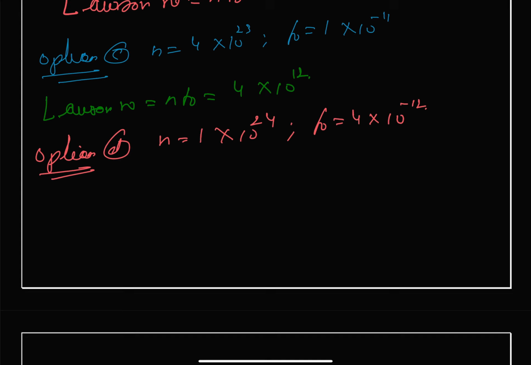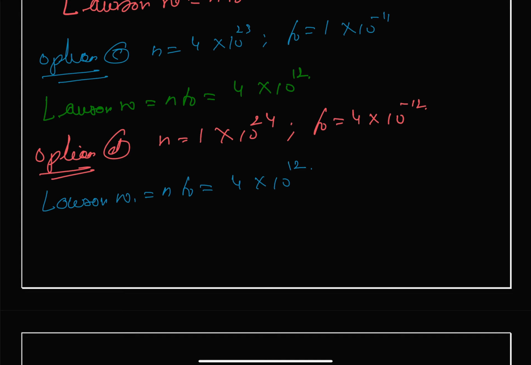So we get our Lawson number will be equal to n times τ, and this is 4 × 10^12.